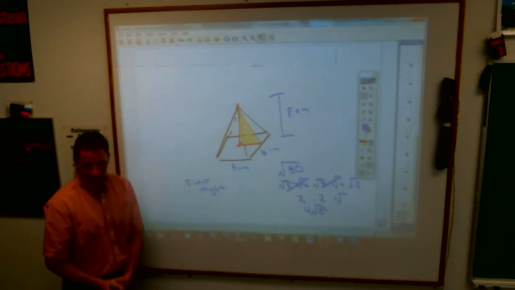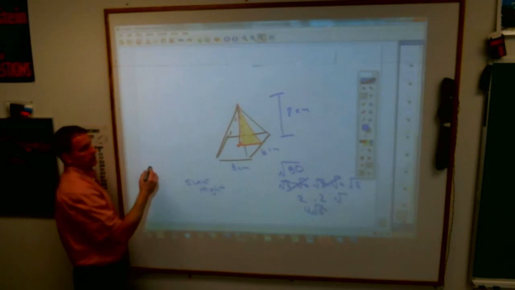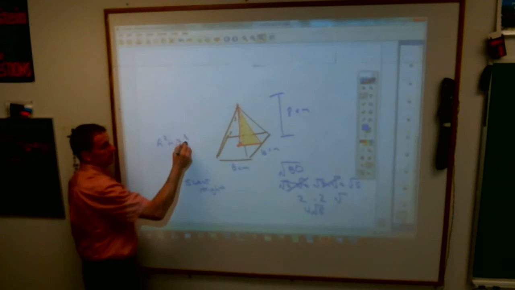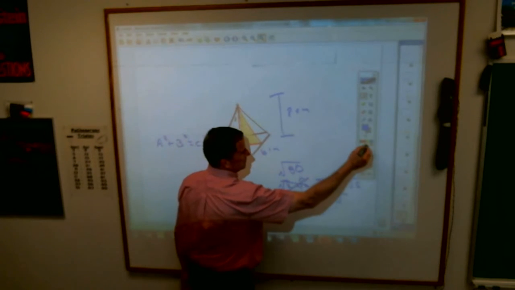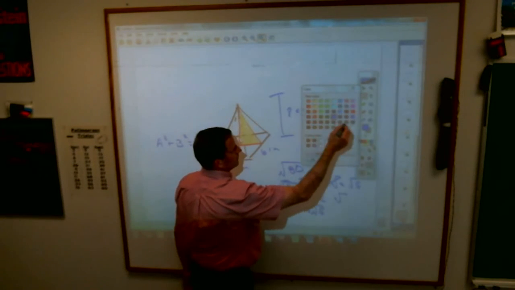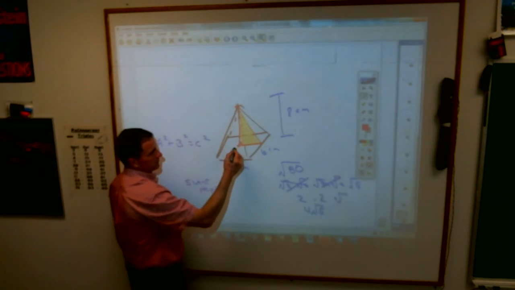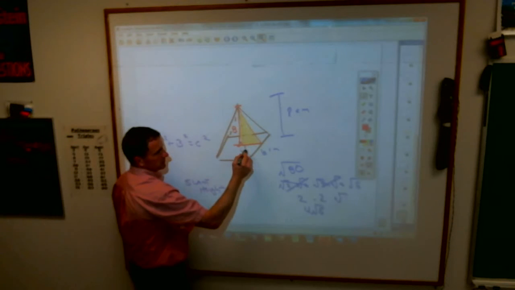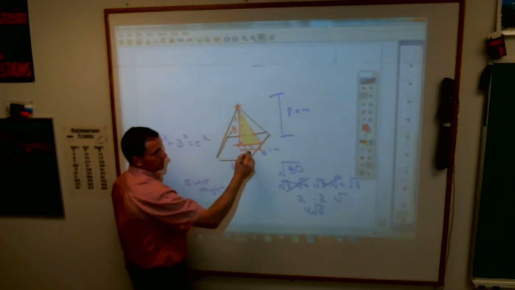Now, how did she get that, you ask? Well, I'm sure the first thing she did was write down the Pythagorean theorem, which is a squared plus b squared equals c squared. Then she probably wrote down the dimensions for her triangle that she sketched in the middle. What's the height of this triangle? 8. What's this distance from here to here? Well, it's always half of the base, 4.